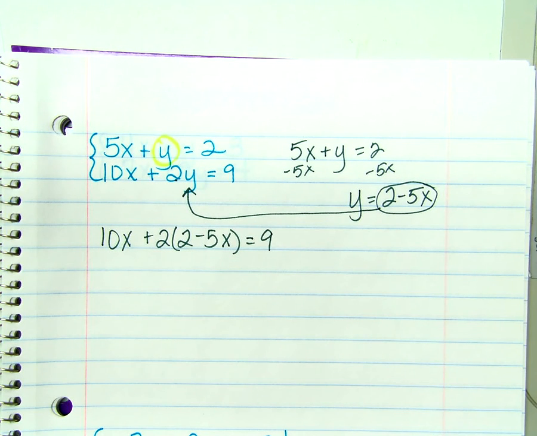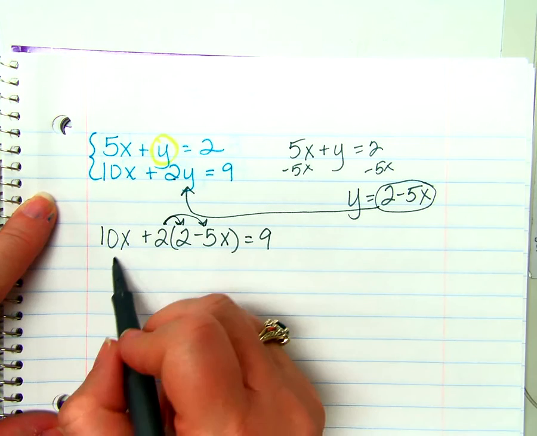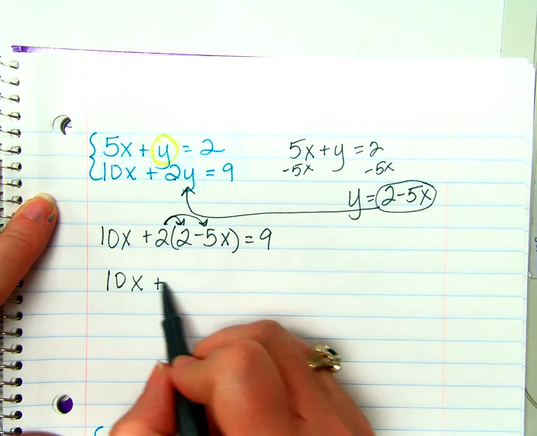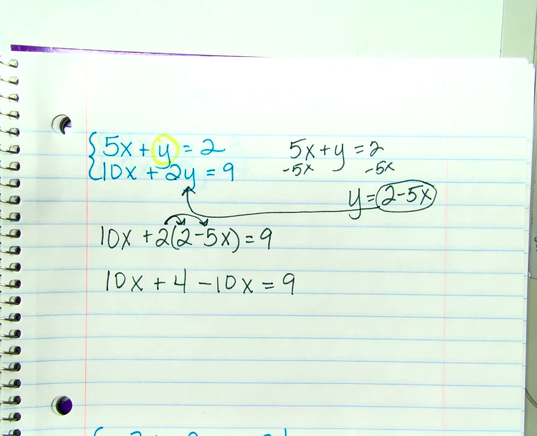Okay? Again, this is just like we did a couple weeks ago when we have one variable that we're solving for, right? Distribute. 10x plus 4 minus 10x equals 9. Ready?